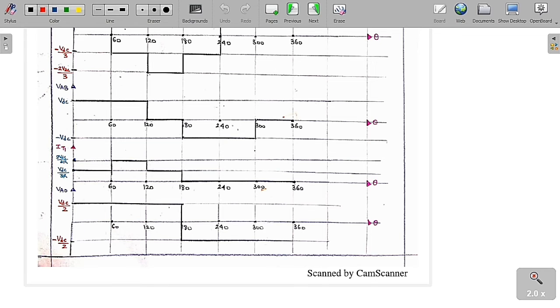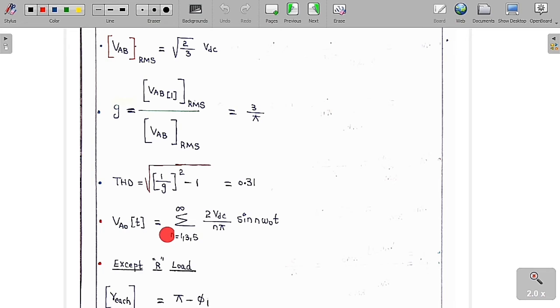So this is the graph that we are going to get. So VA0 of t is equal to sigma n is equal to 1, 3, 5 up to infinity 4 into the peak value VDC by 2, by n pi sin n omega naught t. So this is the expression that we are going to get finally, which is sigma n is equal to 1, 3, 5 up to infinity 2 VDC by n pi into sin n omega naught t.